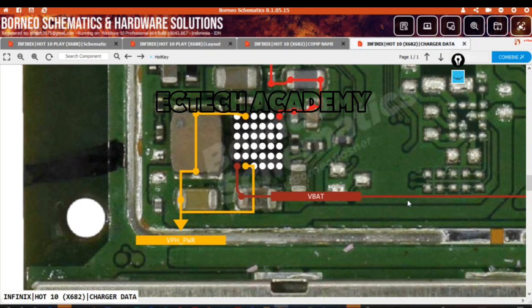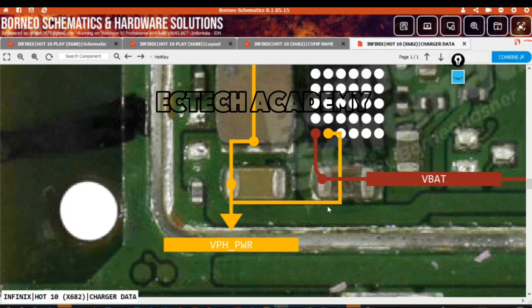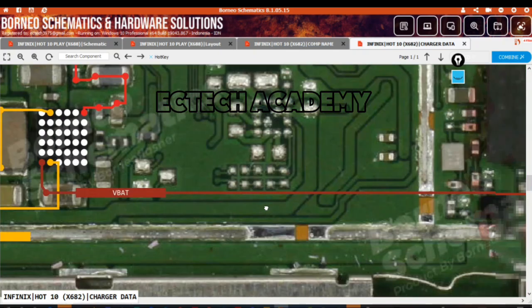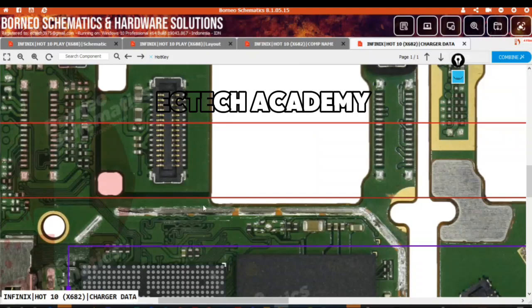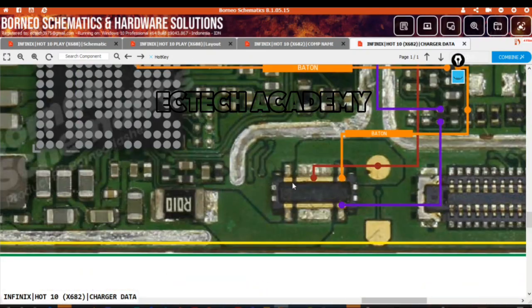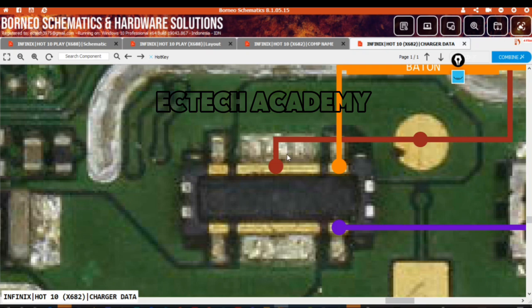Okay, so now you see that it's doing two roles. It's giving out vph power and vbat, and this vbat is going directly to your battery to charge your battery. You can see.